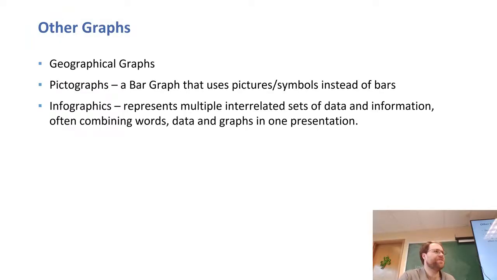So some other graphs would be any type of geological graph. So think map of the world, map of the United States, some other type of pictograph that uses pictures or symbols. Infographics are essentially multiple graphs or sets of data all in one display.